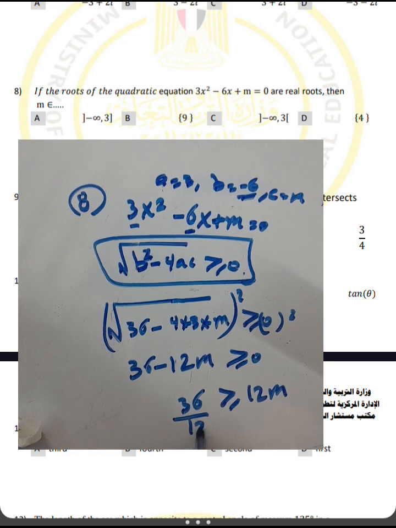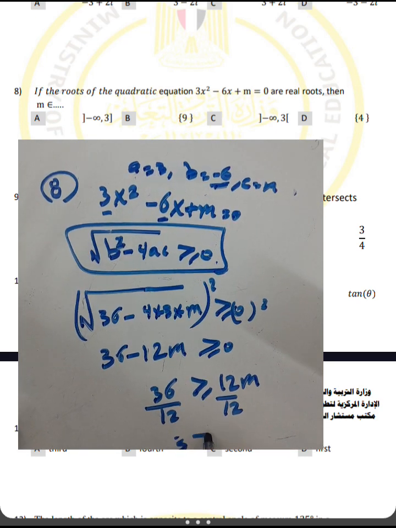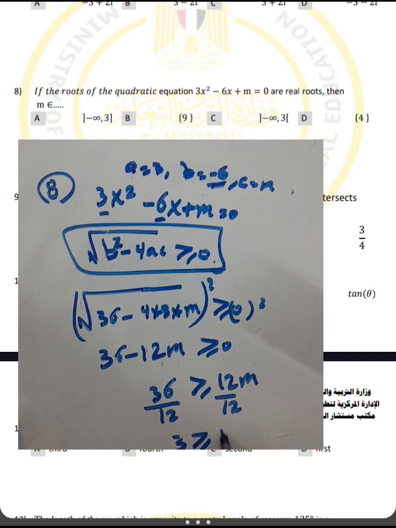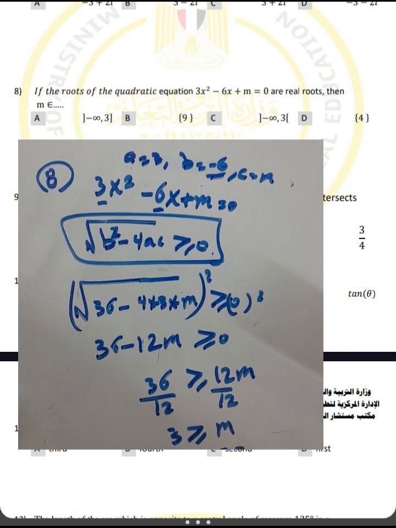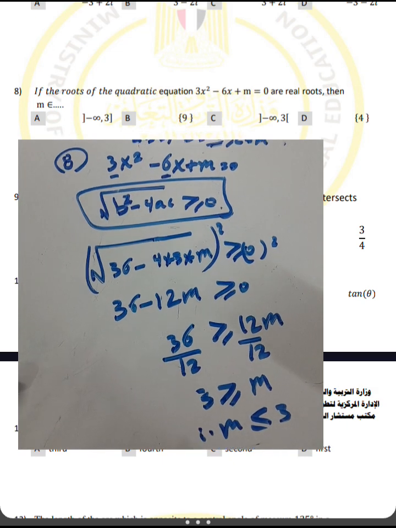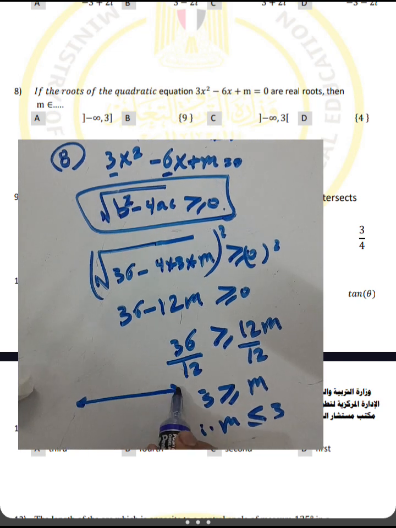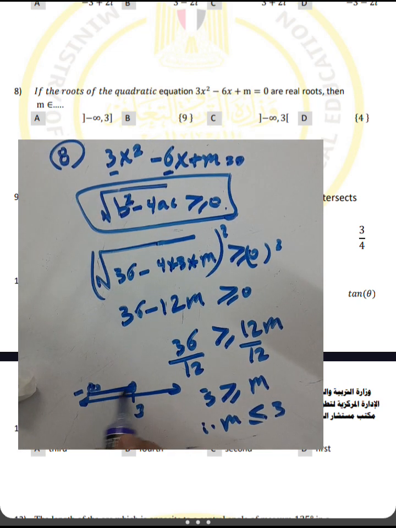We can divide it by 12. 36 divided by 12 equals 3. And then m will be less than or equal to 3 from the number line. You can draw the number line here, from negative infinity to 3 closed.